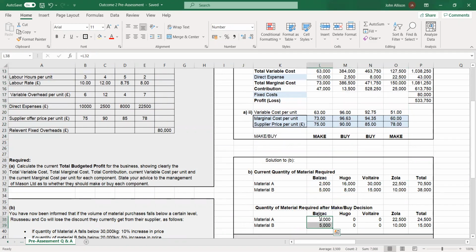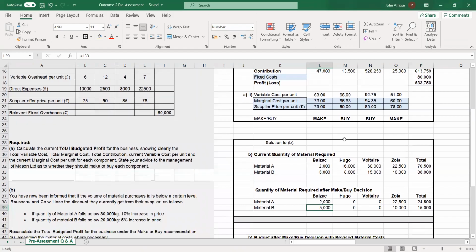We're still manufacturing Balzac, so we're still going to need 2,000 kilograms of material A and 5,000 kilograms of material B. But because we're buying in Hugo and Voltaire, we're not going to need to buy any material to manufacture them, which means the amount of material A we need to purchase to make Hugo is 0 and Voltaire is 0. And that's true for material A and material B. We don't need to buy them because we're not going to use them.